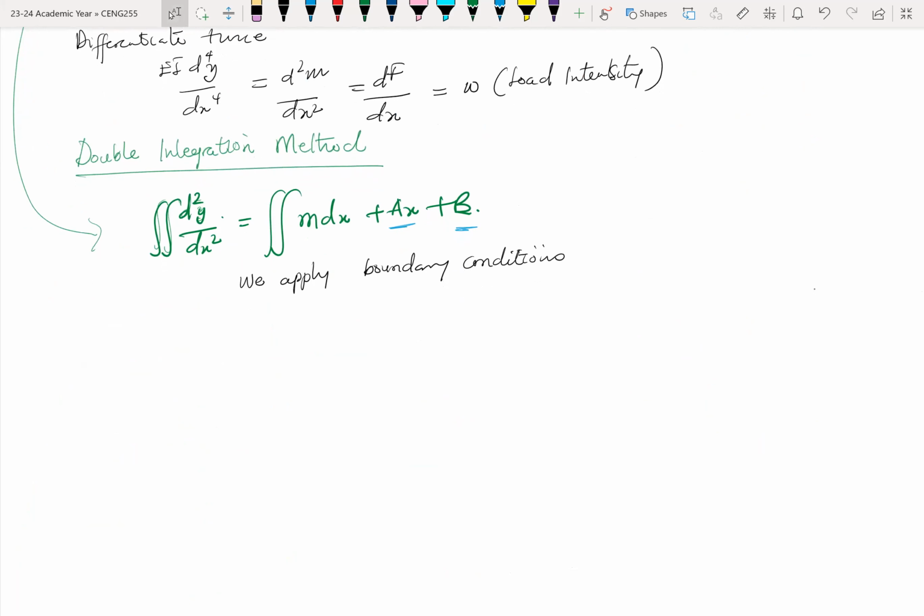Back to the double integration method, we need to apply boundary conditions to find the right equation that we need. The first thing we need to do in solving these types of questions is to formulate an equation for the moment in terms of x.